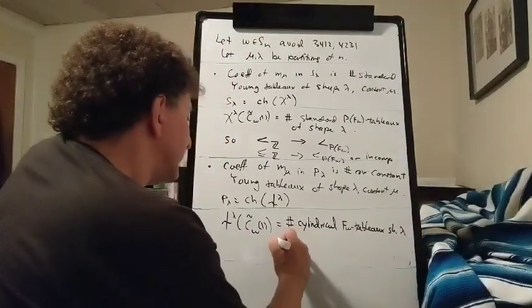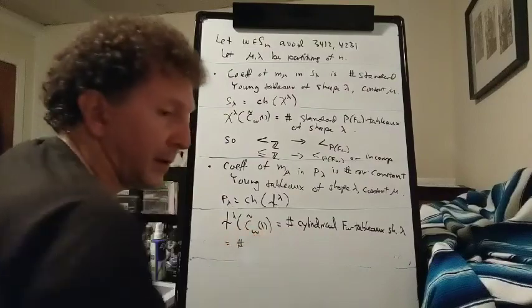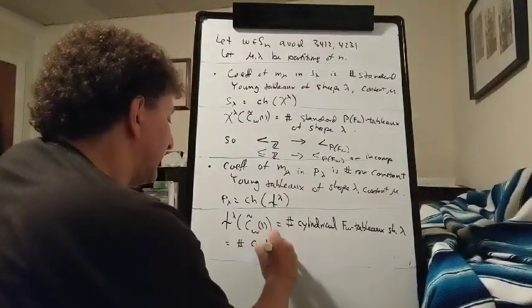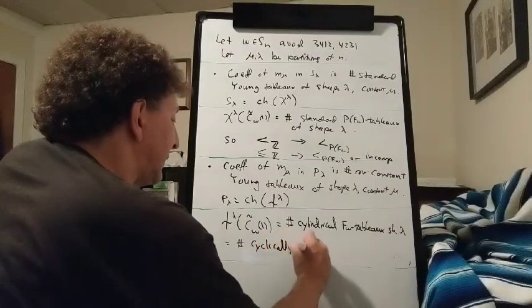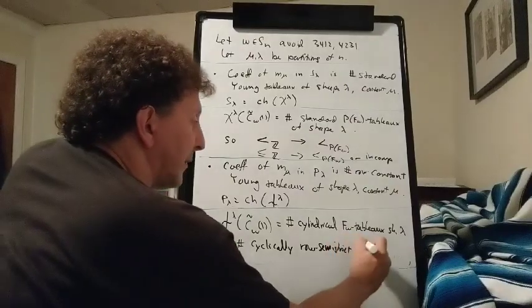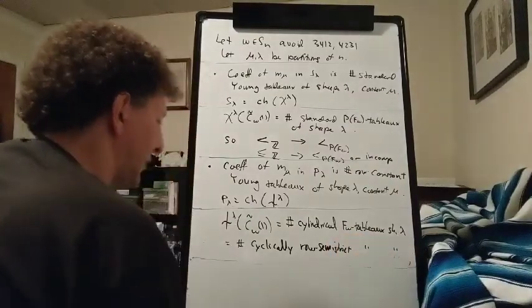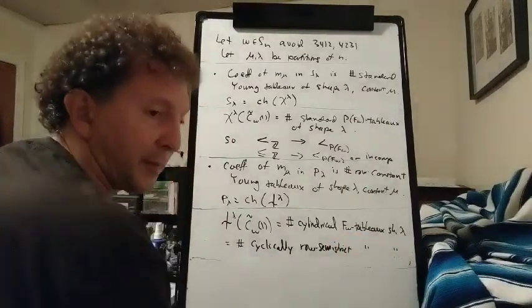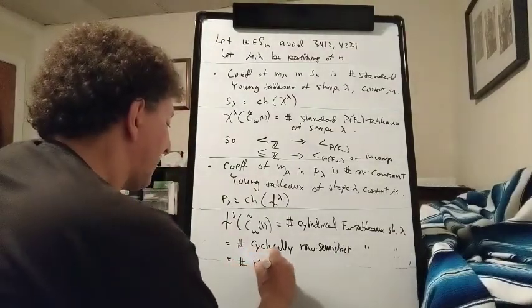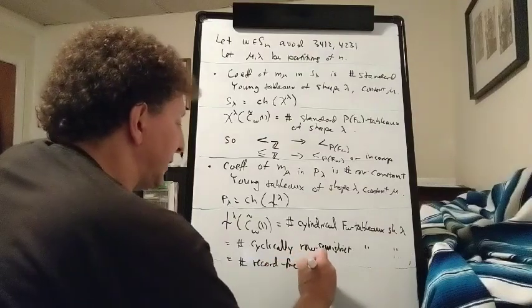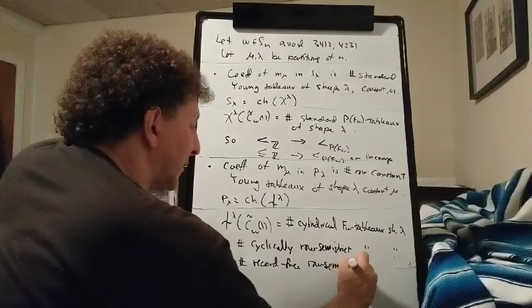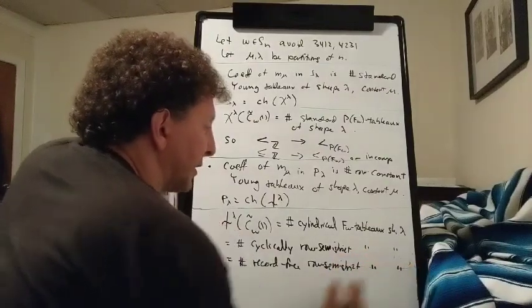We get the number of cyclically row semi-strict F_w tableaux of shape lambda. And we also get the number of record-free row semi-strict F_w tableaux of shape lambda.